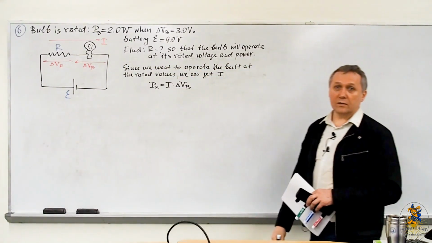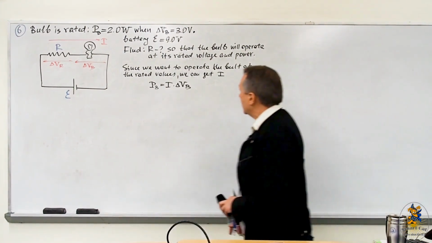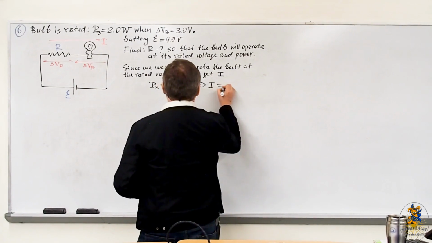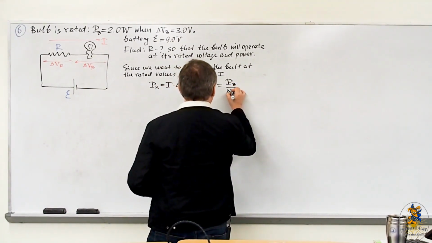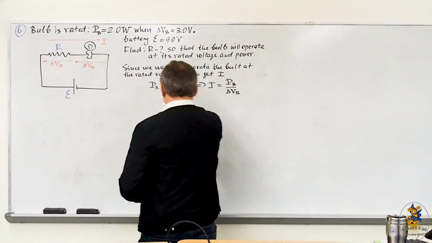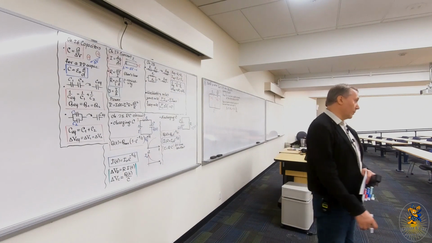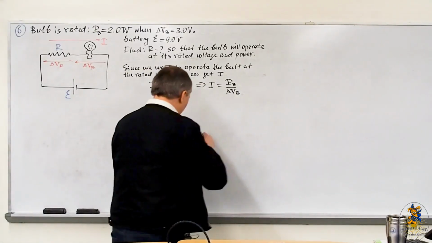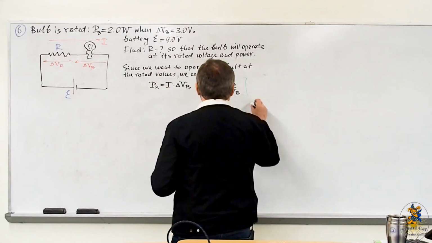I'm not adding any subscripts to current because current is going to be the same for both elements. So current will be equal to the power of the bulb divided by the potential difference across the bulb. I'm not going to calculate a number, although you can easily do it, I will just write the symbols. Let me frame it with green because it's an essential preliminary result.